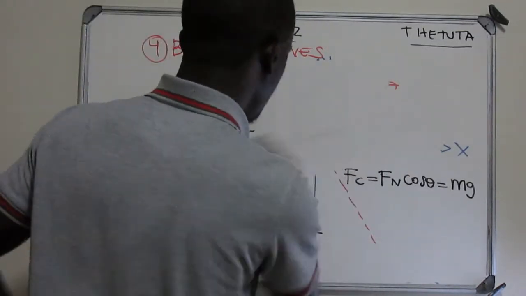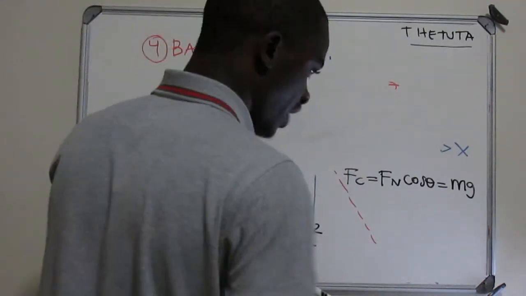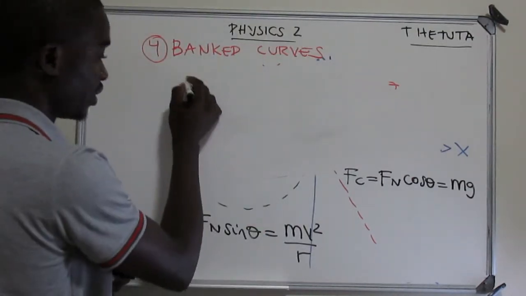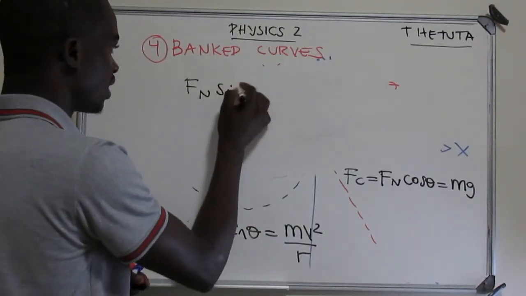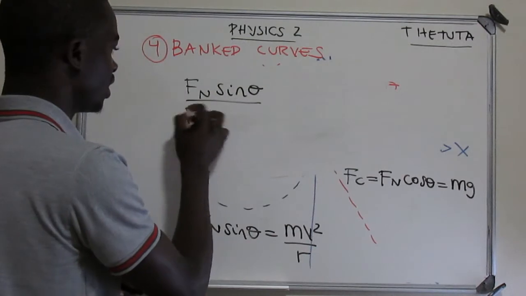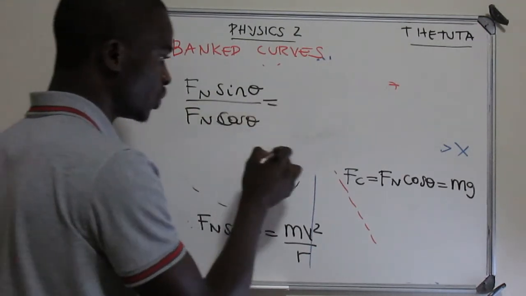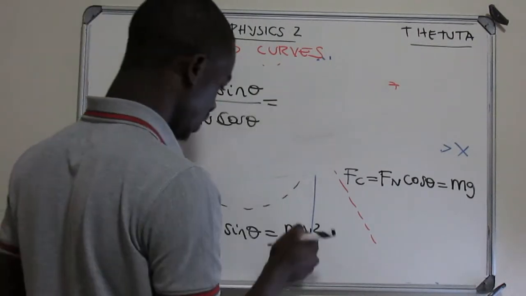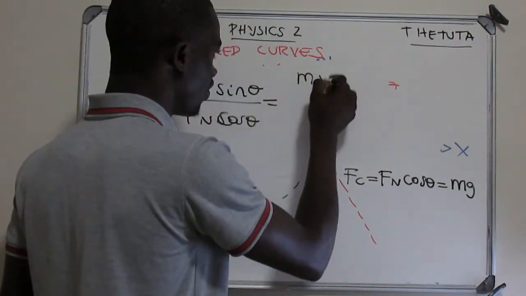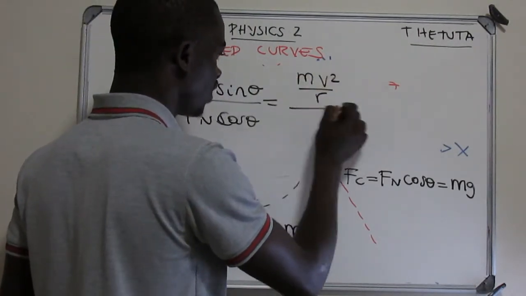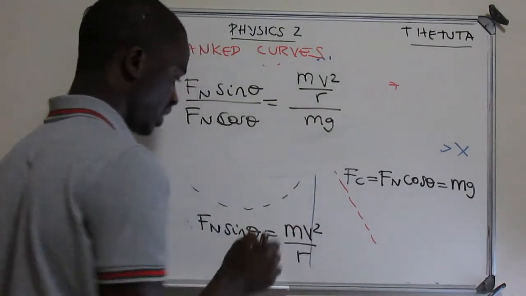So we come here and we say Fn sine theta divided by the net force cos theta. So you're going to have the ratio of the two. And therefore, for the sine, it's going to be mass velocity squared over r divided by mass times g.